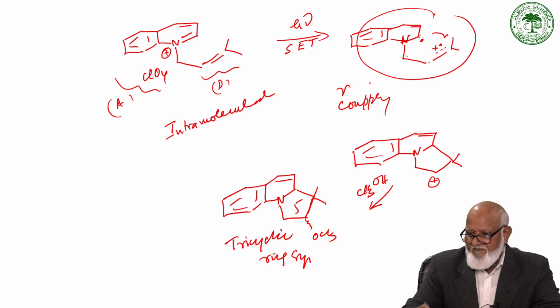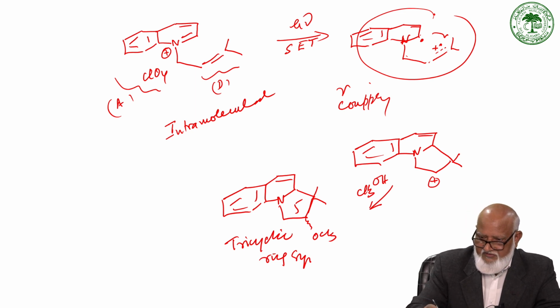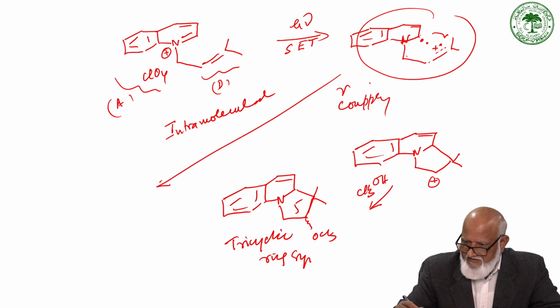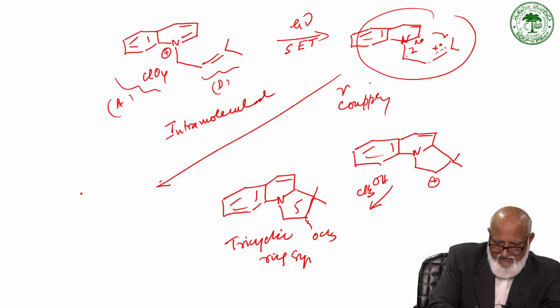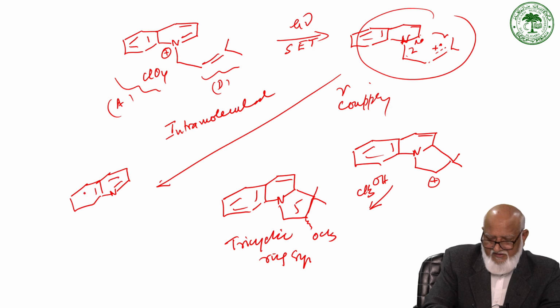So for example, I can write this, there is also a possibility that this radical may go through cleavage, this is one fragment, and then the side chain is removed.